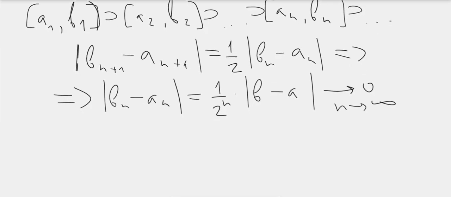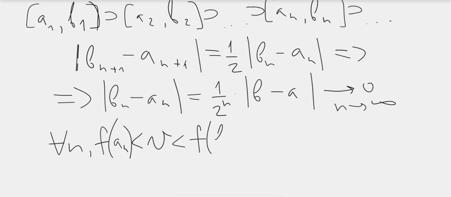So we write that for every n, by construction, v is between f of an and f of bn.